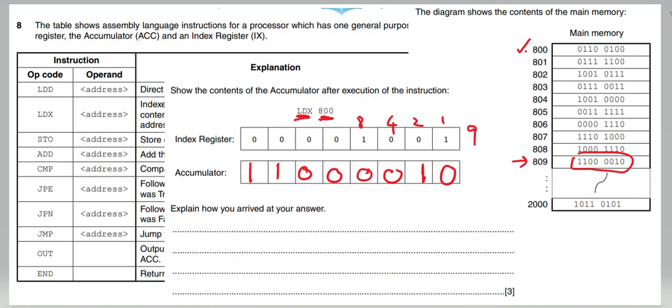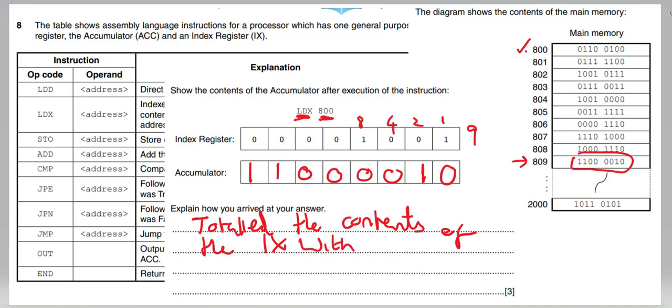And for the second part, how did we arrive at this? Well, I just say the steps of what I took. So totaled the contents of the index register with the memory address location.